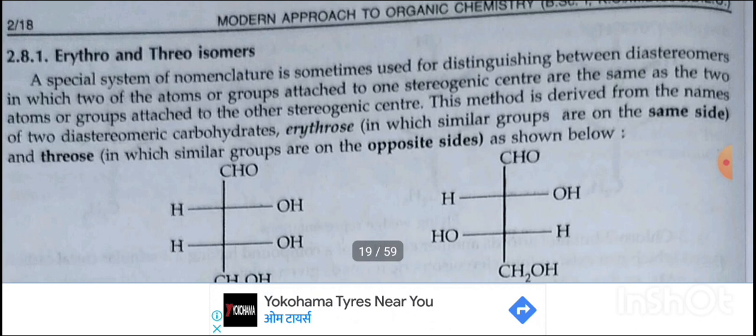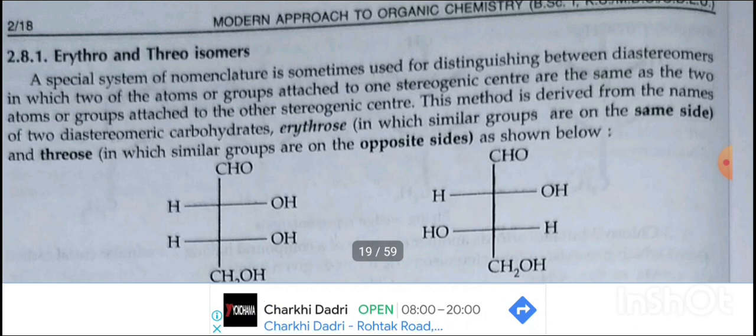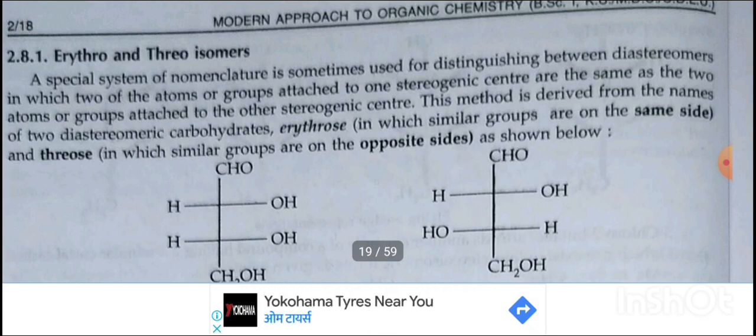Erythro and threo isomers. The erythro-threo system of nomenclature is sometimes used to distinguish between diastereomers in which two atoms or groups attached to one stereogenic center are the same as the two atoms or groups attached to the other stereogenic center.